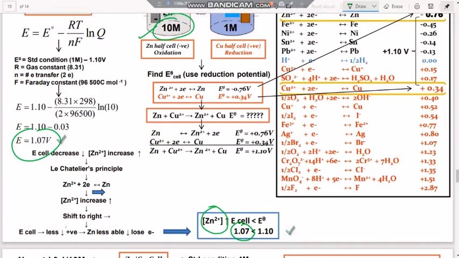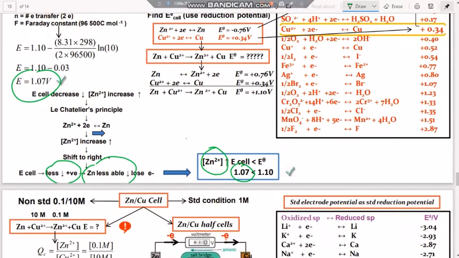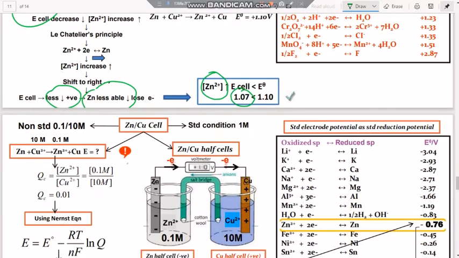So E cell is decreasing because there is a less positive value for E cell, because zinc is less able to lose electrons when the concentration increases.